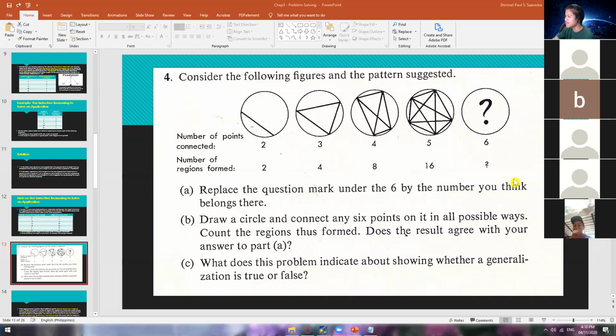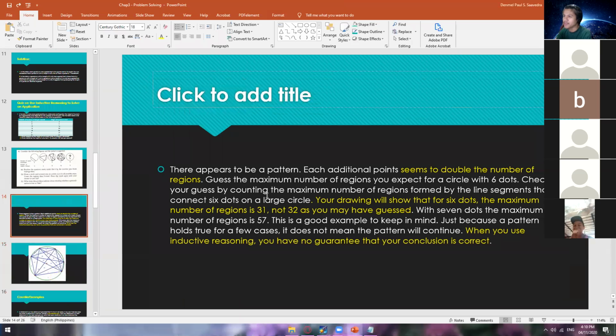Ang laki ng 21. So, ang tama sa inyo, okay, is isa lang. So, the correct answer is the answer of Mr. Patkagan. Okay, so it's either 31 or 33. Okay, not 32. Okay, so bakit ganon?